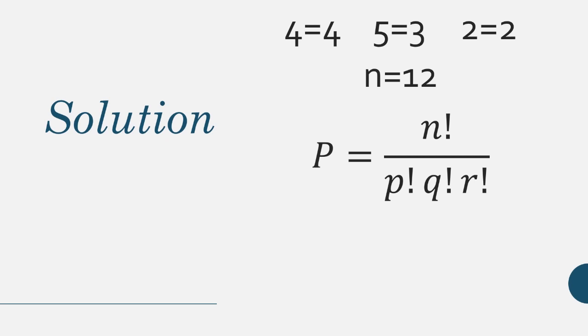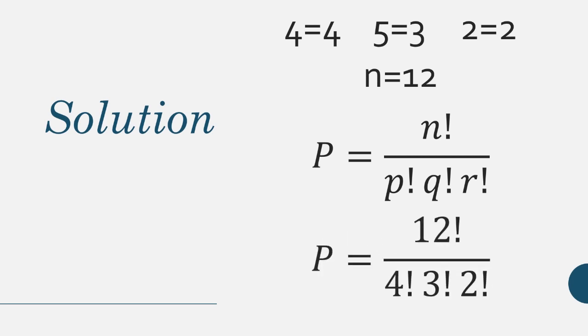So yung 4 siya yung ating magiging p, yung 3 siya yung ating magiging q, at yung 2 siya yung ating magiging r. So substituting the values, we will have the permutation of 12 factorial all over 4 factorial times 3 factorial times 2 factorial.